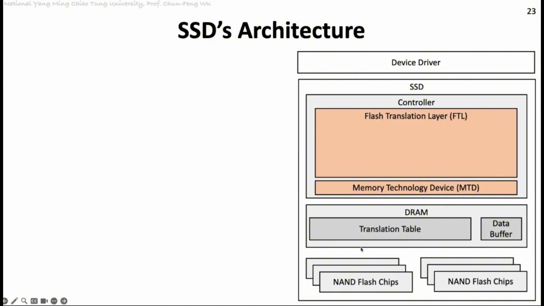Inside the DRAM, we store something called the translation table, and we will talk next week about why we need it. The translation table looks very similar to the patch table, but they are two different things. We will also talk about the controller: why we need a CPU inside the SSD, and what kinds of things we are going to control inside the SSD.